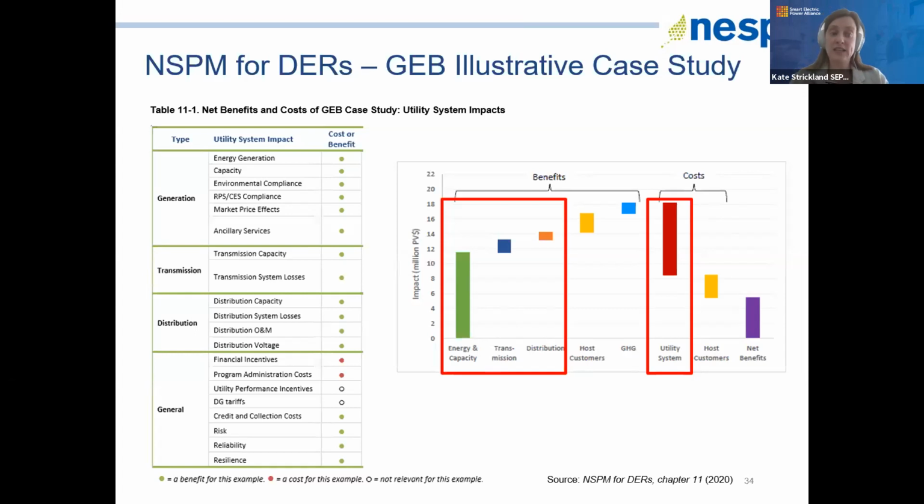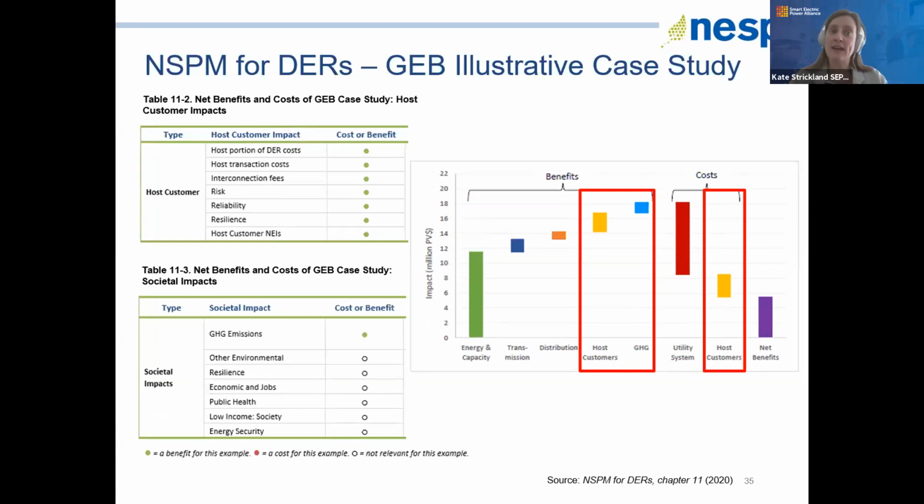We're also seeing in the general section on the left benefits from reliability, resilience, and risk. However, they're outweighed by some of those other more general utility costs, such as financial incentives and program administration costs. So here we're seeing an overall general utility cost in this particular example. Next slide, Julie.